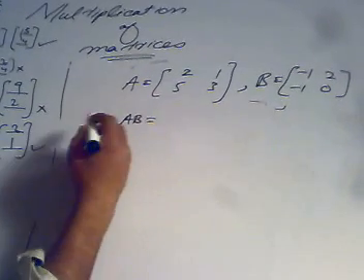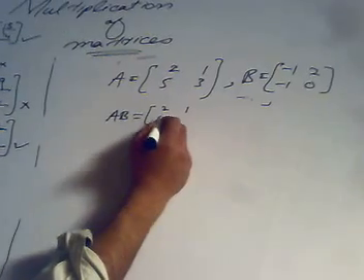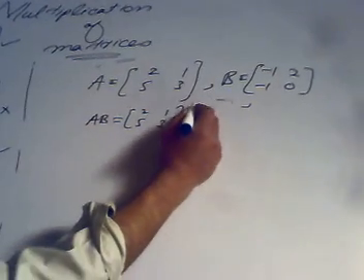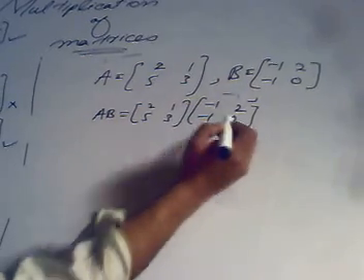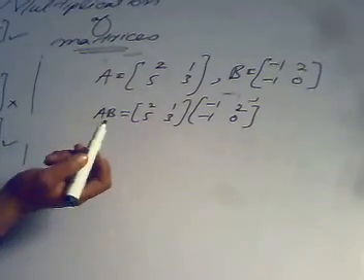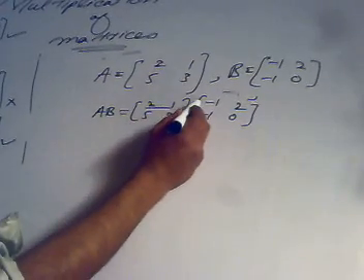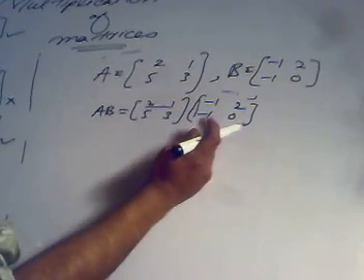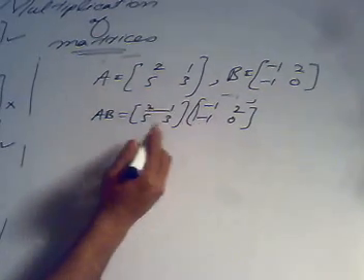To find the product AB, I'll use the values of the matrices: 2 1 5 3 multiplied with -1 2 -1 0. Again, I have already told you that we multiply the first row with the first column, then the first row with the second column, and so on. Similarly, the second row with the first column, then the second row with the second column.